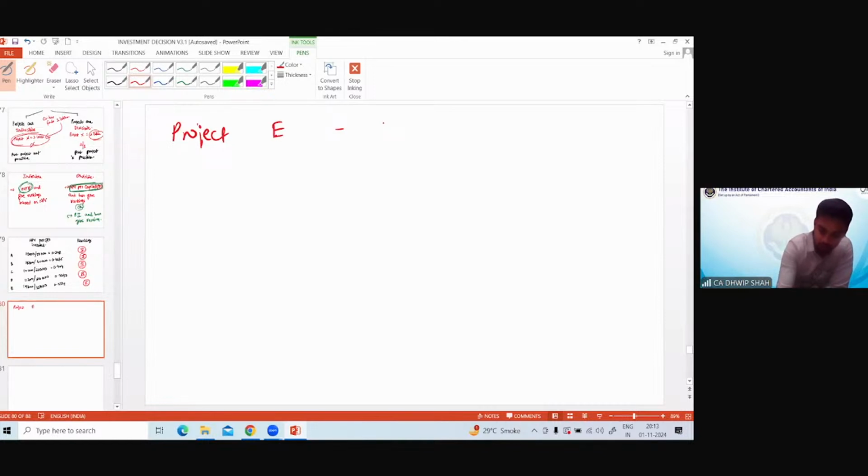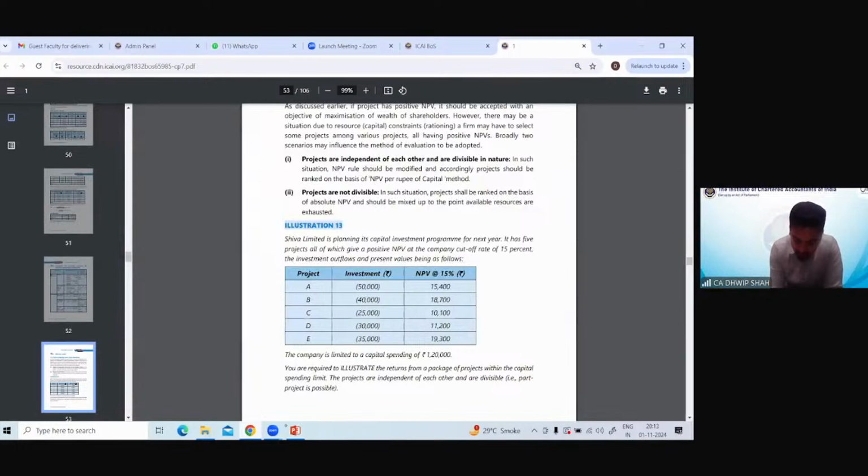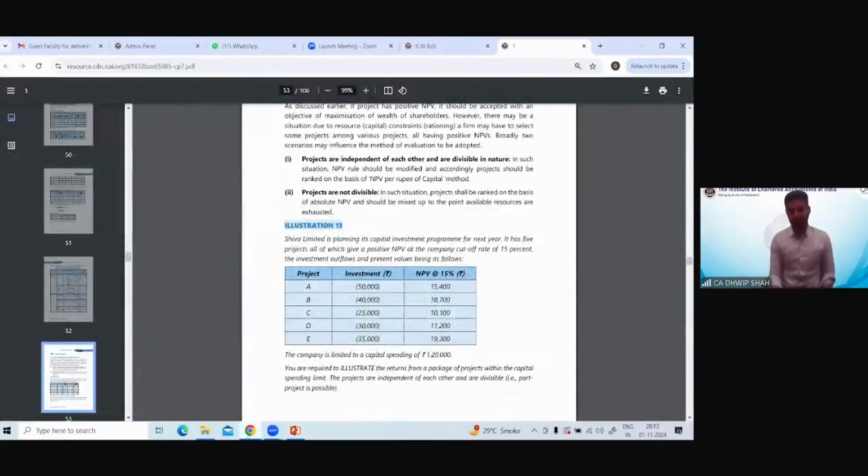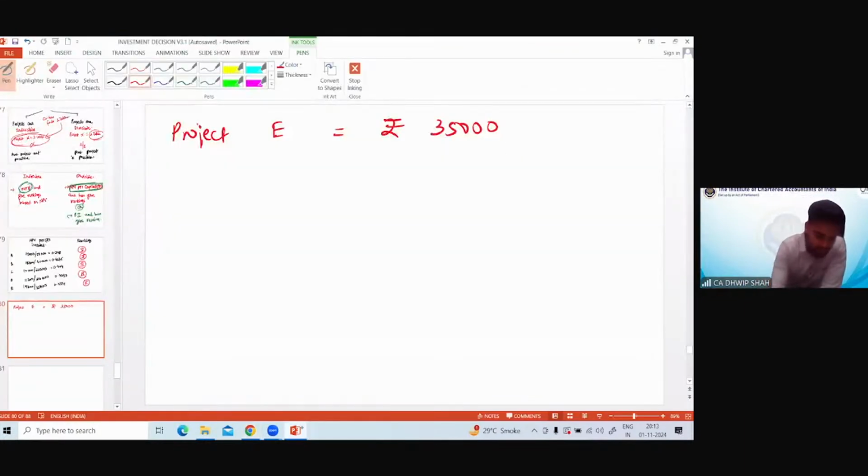How much investment is needed for project E? Can I say 35,000? So we will take the entire project E of 35,000 because we have sufficient funds. We have 1,20,000 of funds to spend. Next ranking is project B, correct?